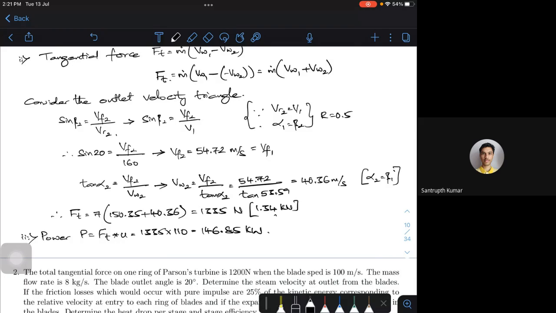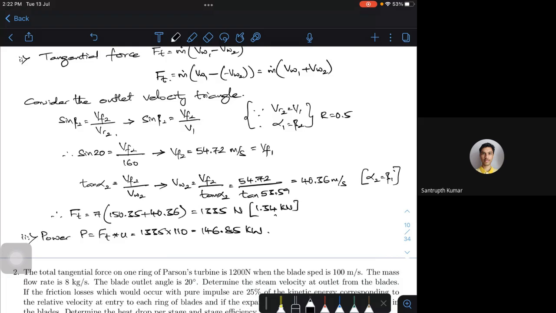For each condition we'll try to do it. In most impulse machines, like the De Laval turbine, beta angles are the same, blade angles are the same. But when you come to a Parsons kind of turbine, it's a reaction turbine, R is equal to 0.5. We have this condition, so VR2 is equal to V1, because I'm going to get two very similar triangles.